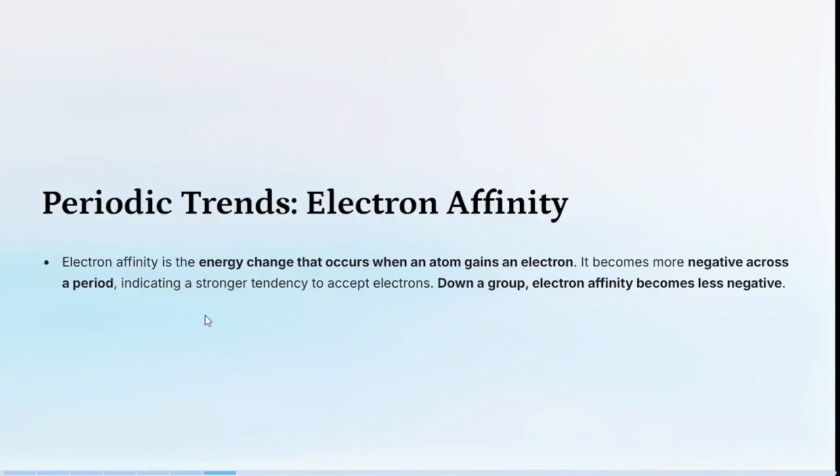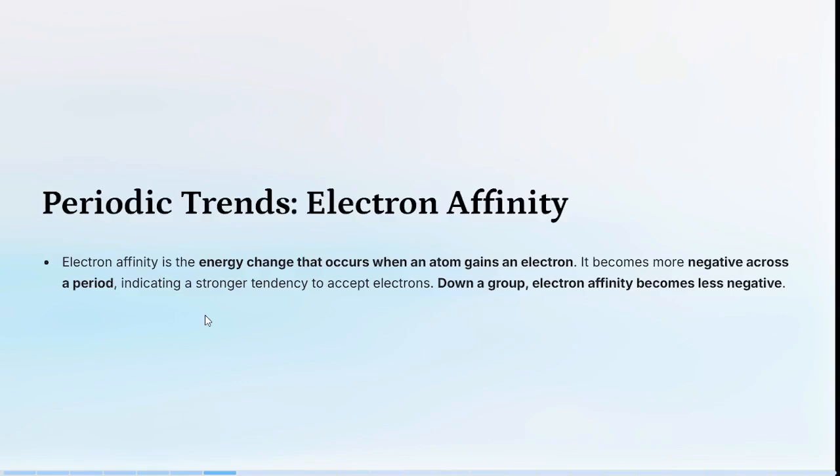So this particular energy change that happens when an atom accepts more electrons is what is called the electron affinity. Across the period, it becomes stronger, for the same reason as before, because the tendency to pull electrons becomes stronger.